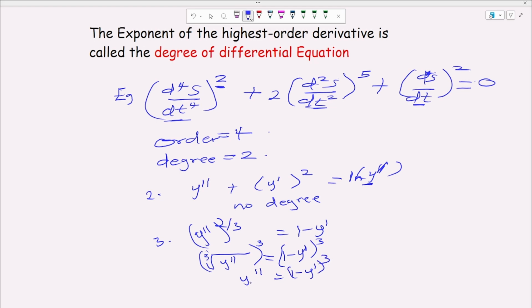Now here, please, my square got missing. Let me bring it here. So if it is here now, what is the exponent of the highest order? That is 2. So the degree is 2. All right, so that is that for that one.